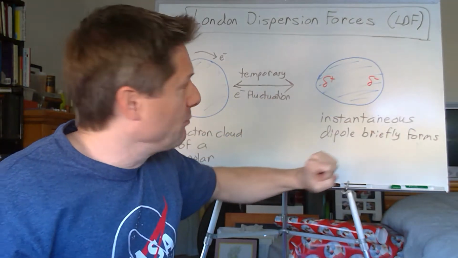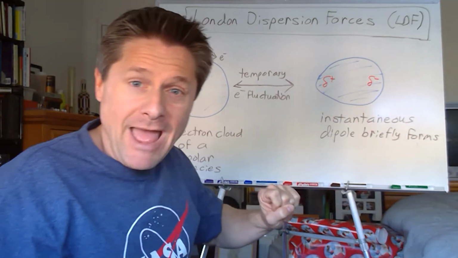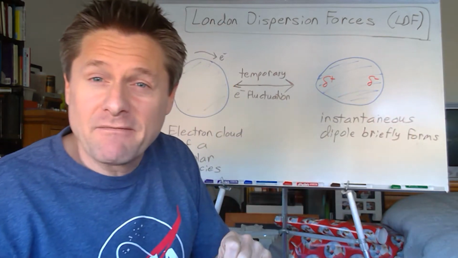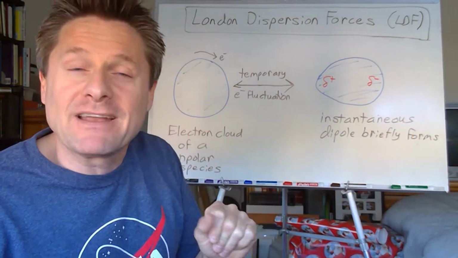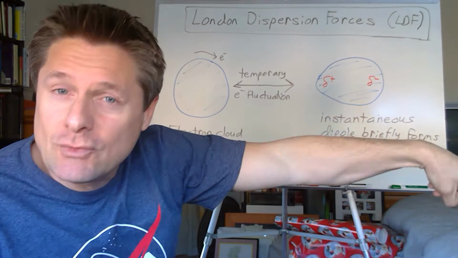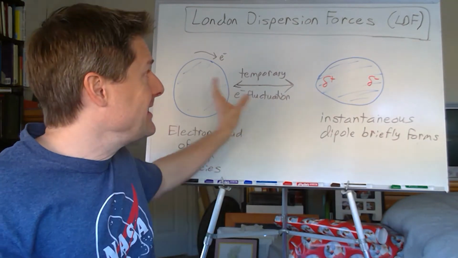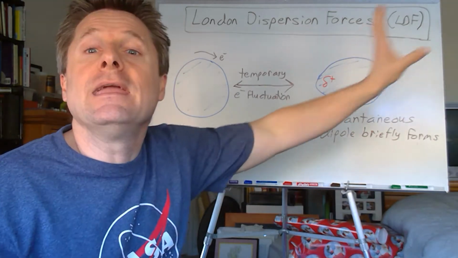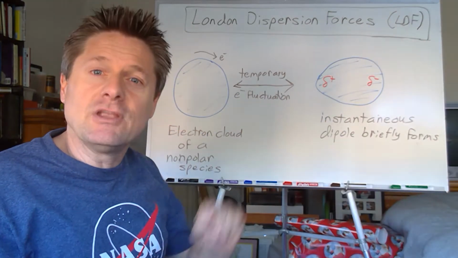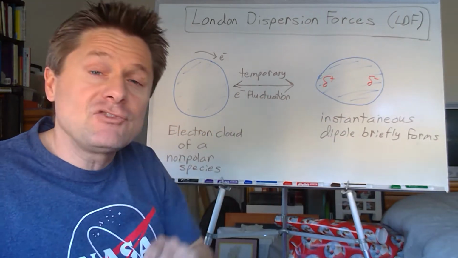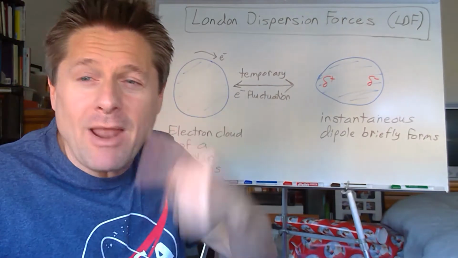We'll draw that on the next board. It may notice that brief flash, and that can be affected by that. And it could induce a dipole on another species, even if it's non-polar. So you get this instantaneous dipole inducing a dipole on a neighboring species. Let's draw that on the next board, while I get this cat hair out of my eyeball.